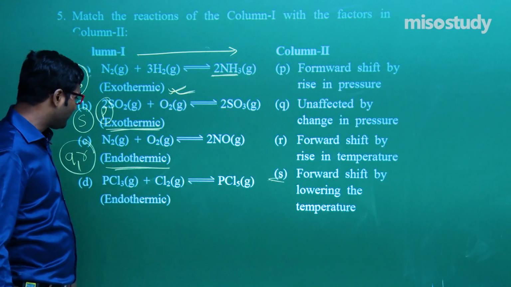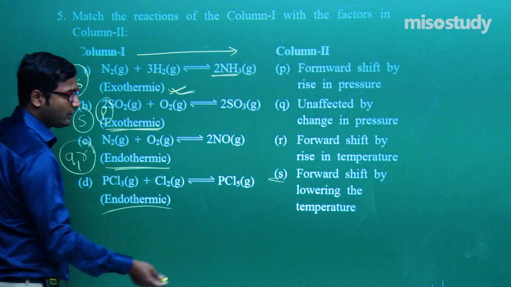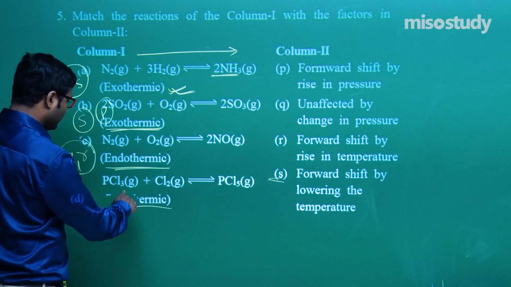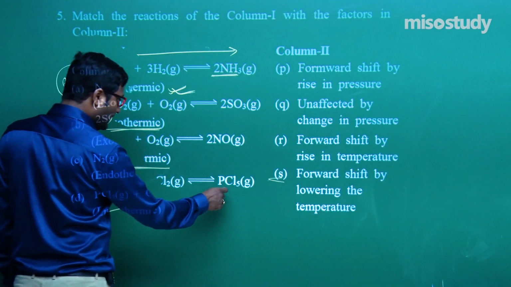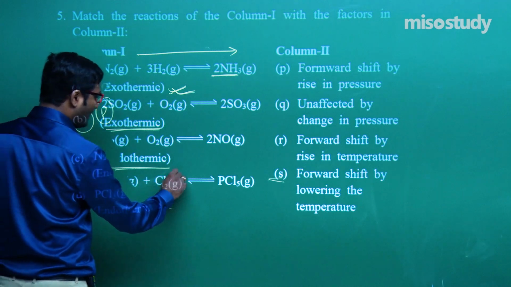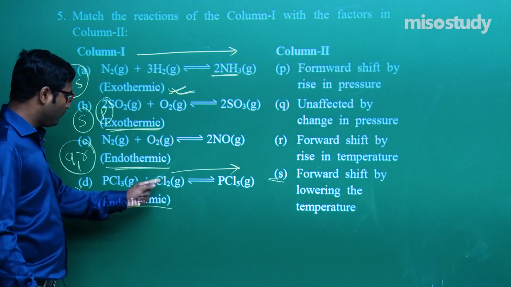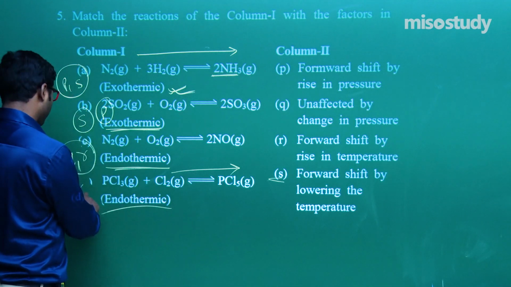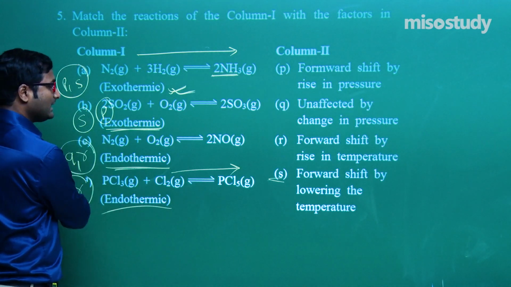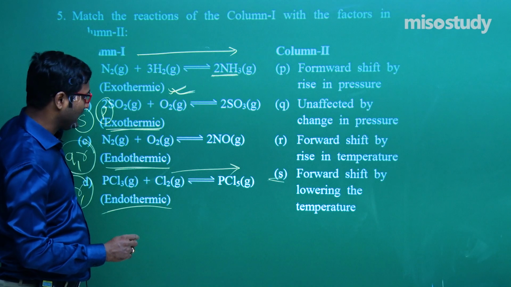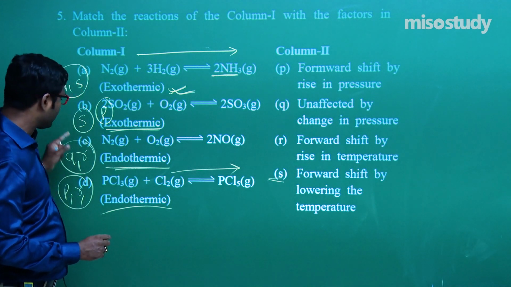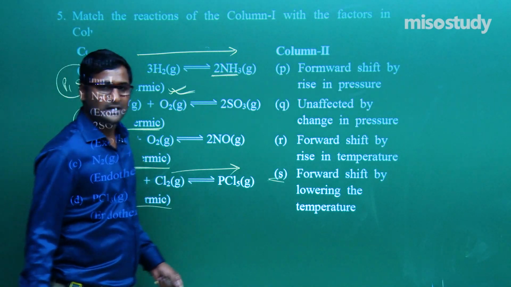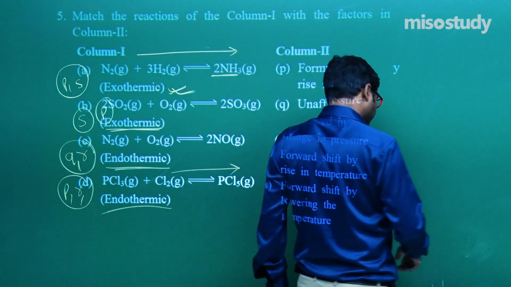Now PCl3 plus Cl2, endothermic, we know endothermic means a rise in temperature, R. Here we are moving from higher to lower number of moles, that is the forward shift, that is P and R. Clear. Check out the answers: P and S, P and S, Q and R, and P and R for the endothermic one. Clear to you? This is the best question.